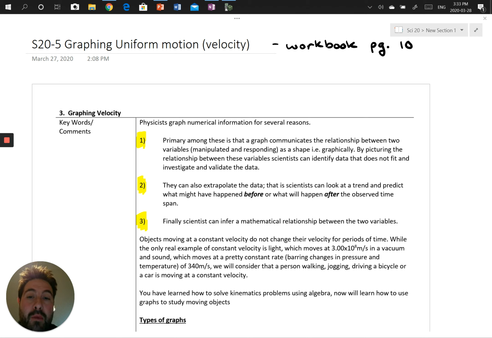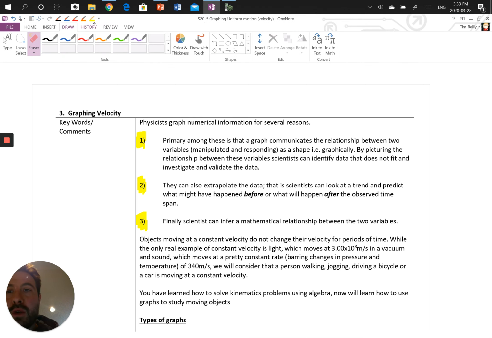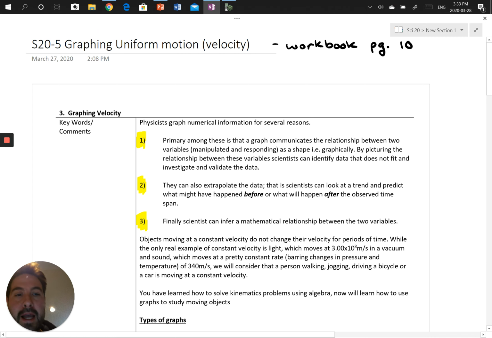And so what we want to look at is some of the reasons why we bother graphing in the first place. One of those things is graphing is going to allow us to communicate or even find a relationship between two different variables. So whether that's time and velocity for us, or maybe it's time and displacement for us, it can help us find the relationship between two different things.